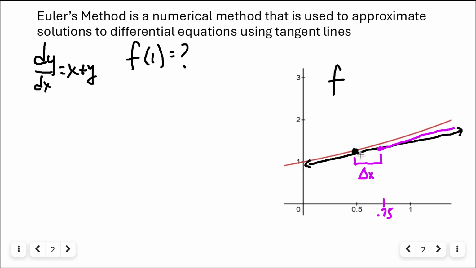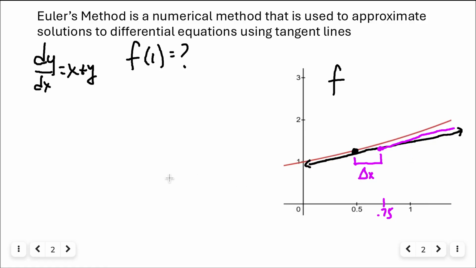Now, again, if you take a smaller step, you make more tangent lines, which means that your final tangent line that you use to approximate f(1) will be even closer to the value of f(1). And that's what Euler's method consists of, okay? It's basically hopping along tangent lines to get a better approximation for this function's value than what you could get using a tangent line approximation where the point of tangency is far from the value you want to approximate.